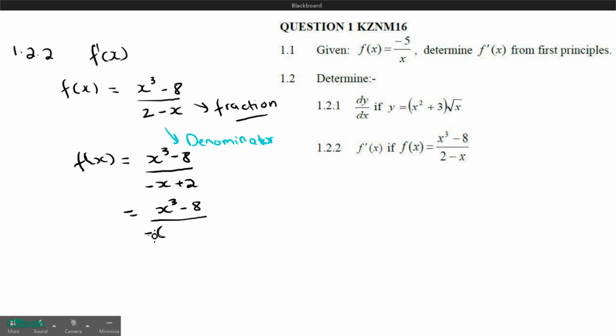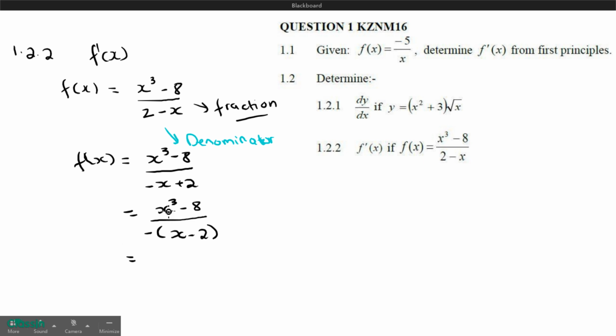Then we say negative multiplied by this negative, the answer is positive. Therefore, we're going to write x there. Then negative multiplied by this positive, the answer is going to be negative. Then we have 2 there. So at the end of the day, we have x cubed minus 8 all divided by negative x minus 2 in brackets.